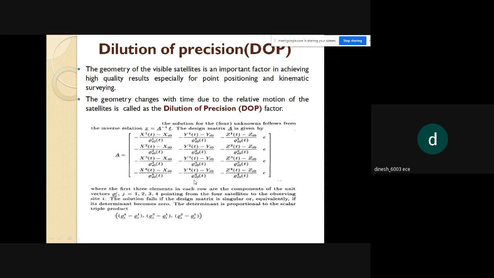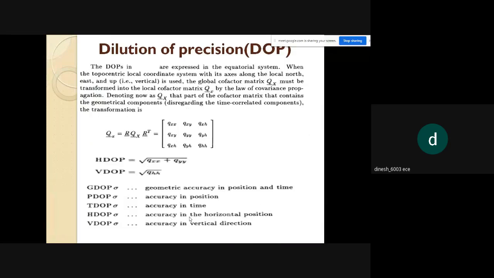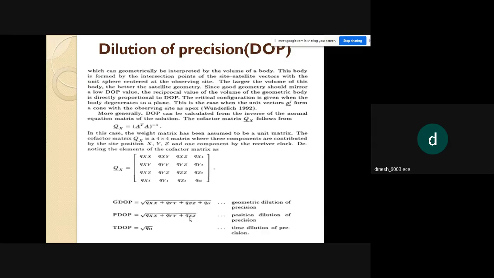I write it as it is. Okay. So then this would be your scalar triplet form: del I4 minus del I1, del I3 minus del I1, and del I2 minus del I1, which is scattered in this matrix: QXX, QXY, QXZ, QXT, QXY, QYY, QYZ, QYT, QXZ, QYZ, QZZ, QZT, QXT, QYT, QZT, and QTT.